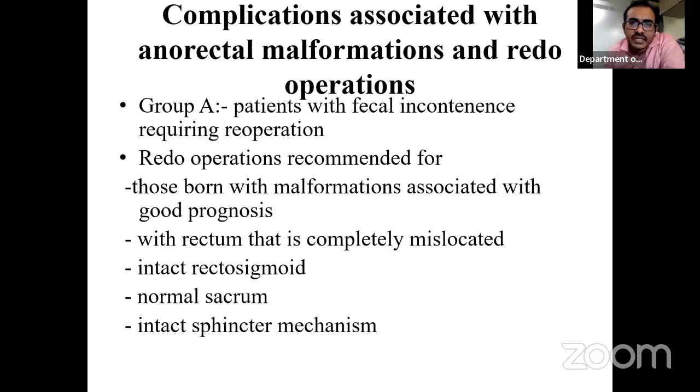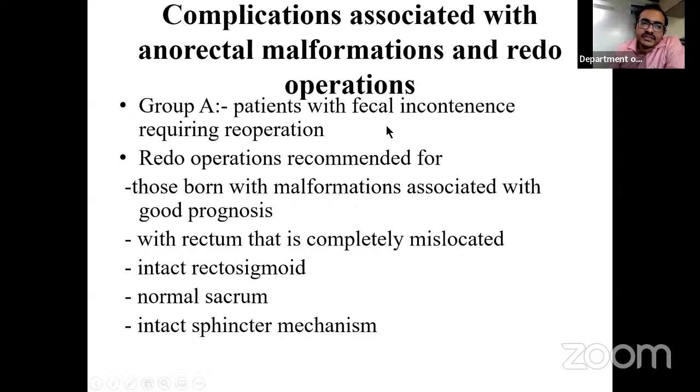Group A is the patients who have fecal incontinence and who require reoperation. Most of the time, these are patients where the anus or rectum is not placed within the limits of the sphincter muscle complex, or due to post-operative infection there is wound dehiscence and the rectum migrates out of the sphincter muscle complex. In those patients, we need to do reoperation.